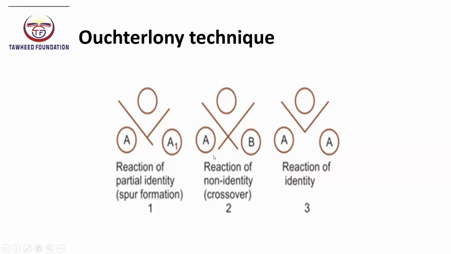This crossing pattern indicates that the two antigens, A and B, are completely unrelated. They have no common epitopes. Each antigen reacts independently with its specific antibody molecules, and therefore two separate non-interacting lines appear that simply intersect. So lines crossing each other equals non-identity, meaning the two antigens are antigenically different and unrelated.